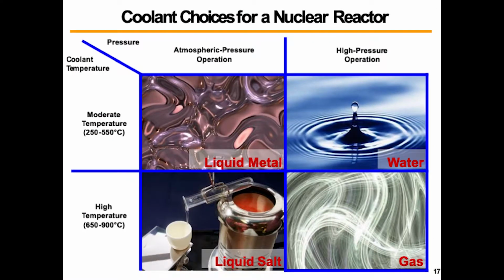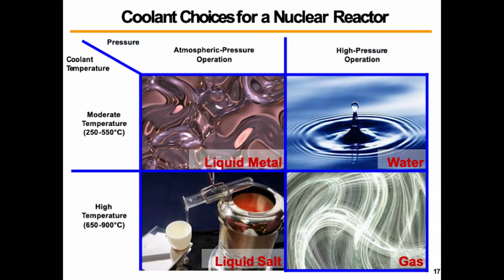So what coolant choices do we have for a nuclear reactor? If you think about it, we can have coolants which operate at different temperatures, low to moderate temperature and high temperature, and different pressures. So currently, we are using light water reactors, which can only operate at moderate temperatures and require high pressure.